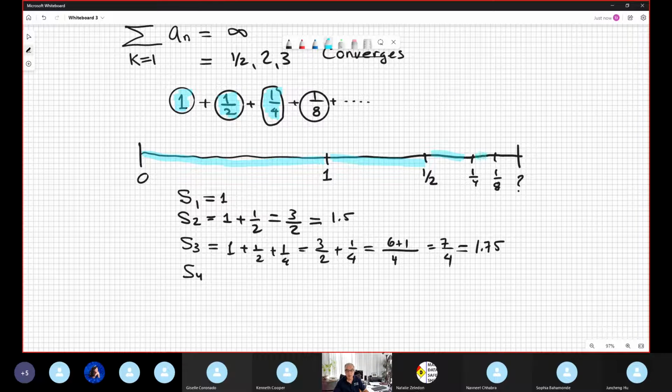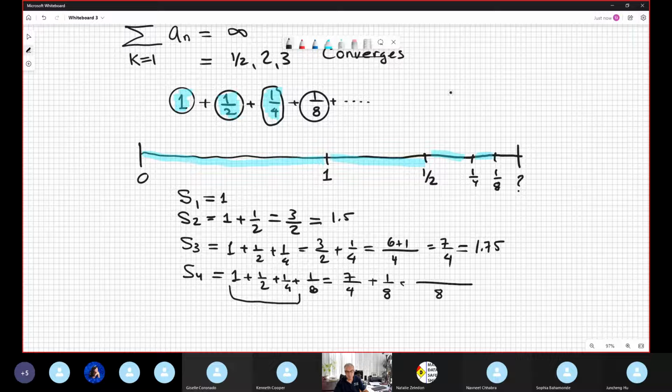Now partial sum 4: 1 plus 1 half plus 1 over 4 plus 1 over 8. So this is 7 over 4 plus 1 over 8, and the LCD is 8, so 8 divided by 4 is 2, times 7 is 14, plus 1 is 15 over 8.